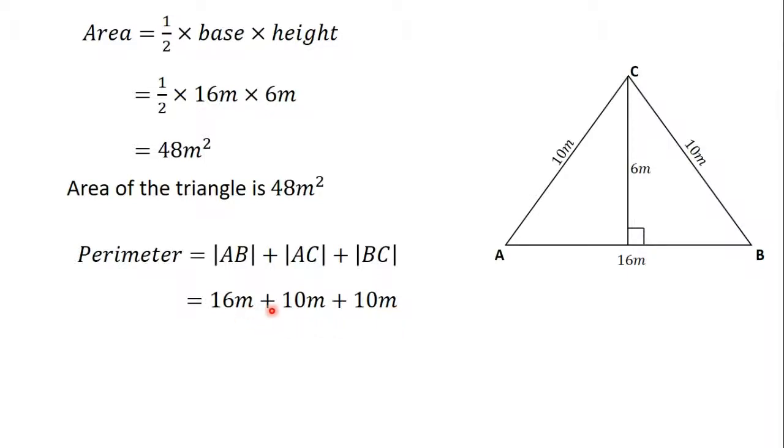So we have 16 meters plus 10 meters plus 10 meters, and that is going to give us 36 meters. So the perimeter of the triangle is 36 meters. Using the Pythagoras theorem, we have been able to find the area of the triangle as 48 meters squared and the perimeter of the triangle as 36 meters.